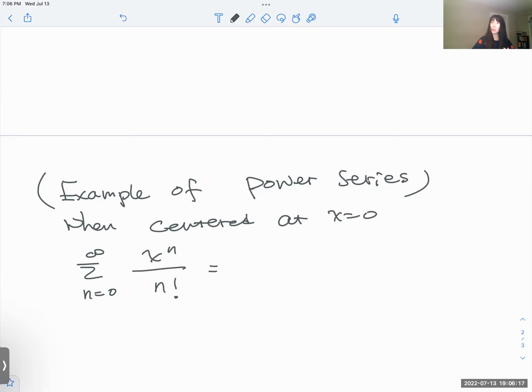When n equals 0, we have 0 factorial, which is 1, so it's 1 for the first term. When n equals 1, x to the first power over 1 factorial, which is 1. When n equals 2, we get x to the second power over 2 factorial, which is 2. We did that yesterday. Good, it's like that.